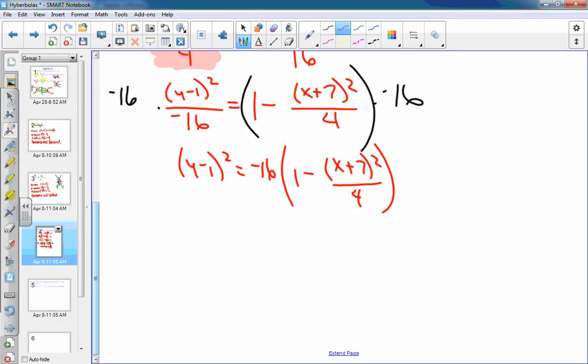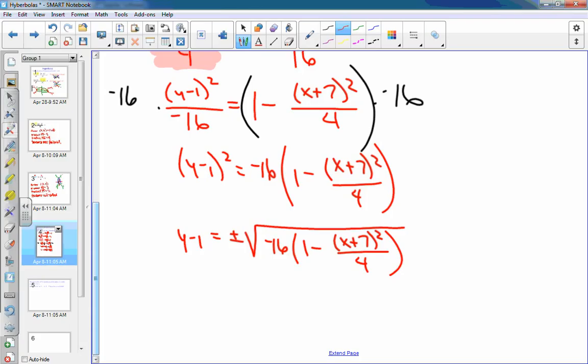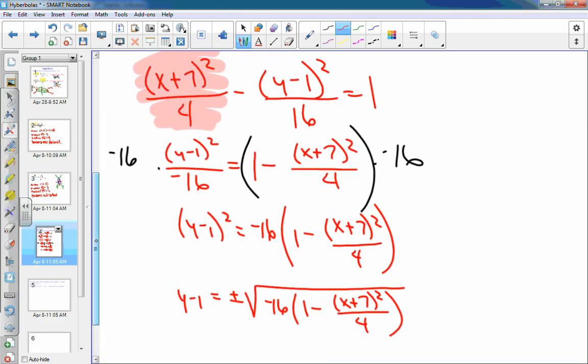Now what? Square root. And when you do a square root, what happens? Absolutely. Then what? We multiply both sides by negative 16.